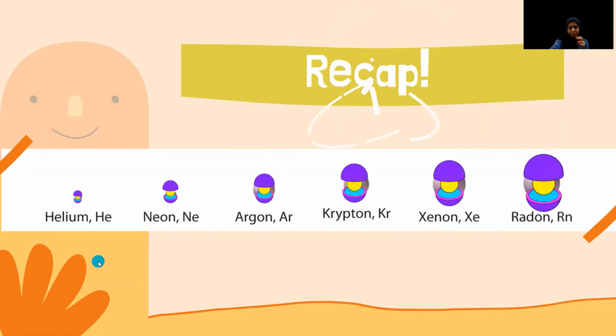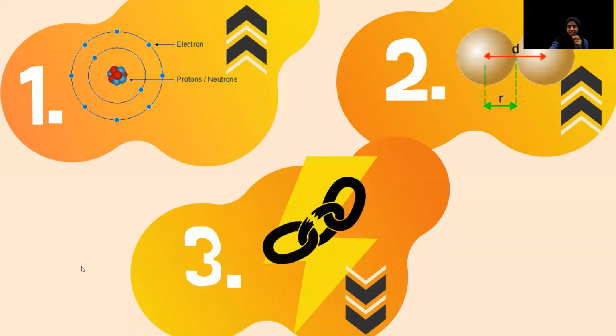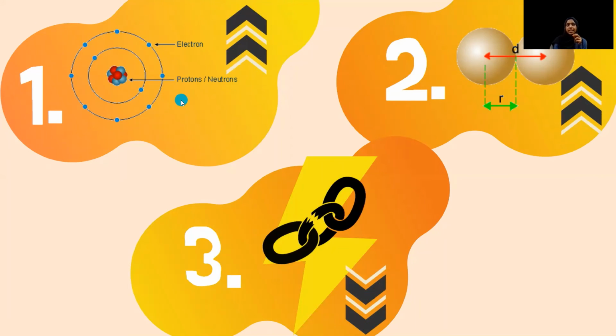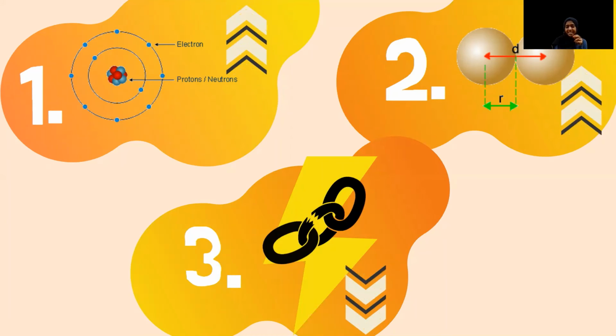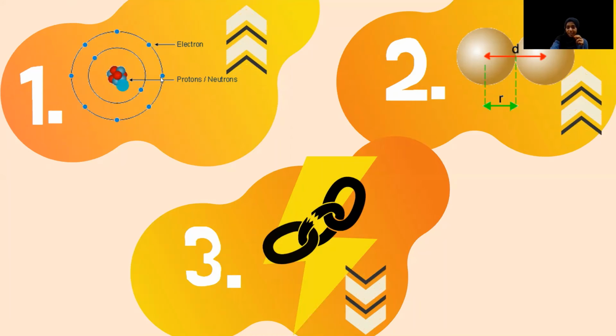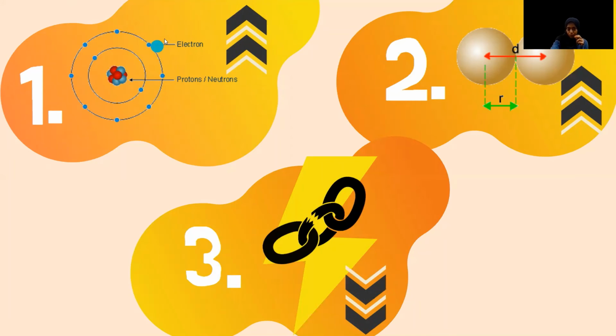So why, when the atomic number increases, does the ionization energy decrease? Firstly, when the atomic number increases, the valence electron will be further from the nucleus.